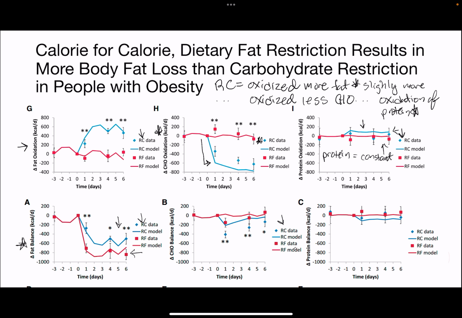Makes sense, there's less carbohydrate to oxidize. And protein balance is lower, so we're using more protein in a reduced carbohydrate diet. That makes sense because we see here we're oxidizing slightly more protein in the reduced carbohydrate diet.